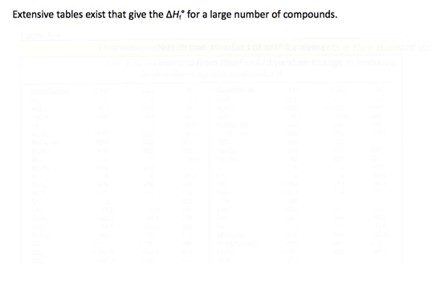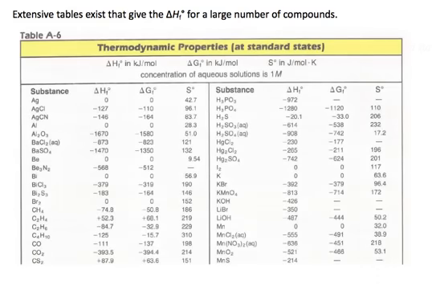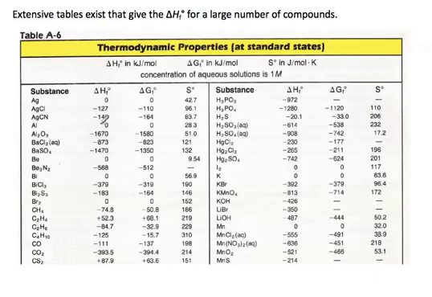Now, there are very extensive tables that report standard enthalpies of formation. So you'd be given these tables, you just have to make sure you know how to use them. So again, we're interested in this column here, delta HF naught. Remember the naught means standard, and that's in units of kilojoules per mole. And so just draw your attention to a couple down here at the bottom, carbon monoxide, carbon dioxide. We're going to see those in a minute.